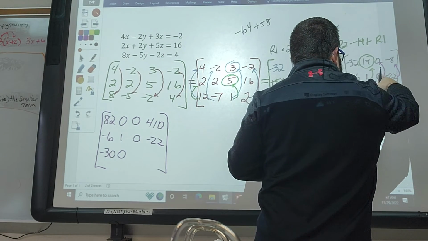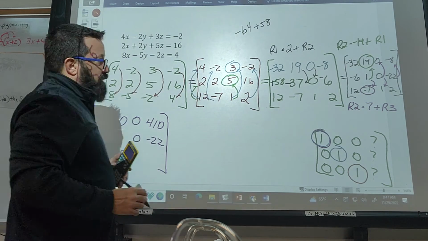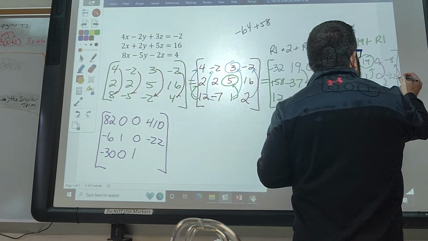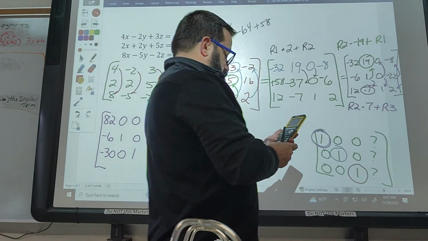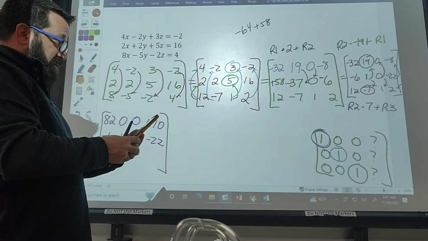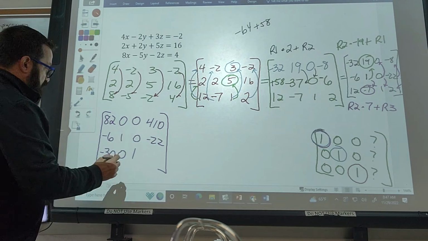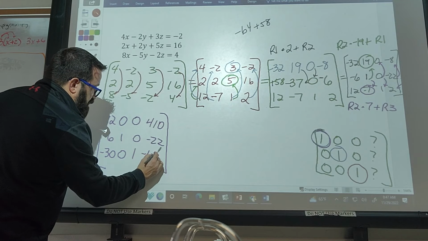Zero times 7 plus 1 is still 1. And then I have to take the negative 22 times 7 and add it to, I believe that's just a 2 there, negative 152.